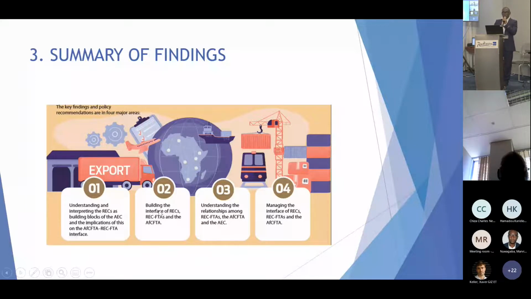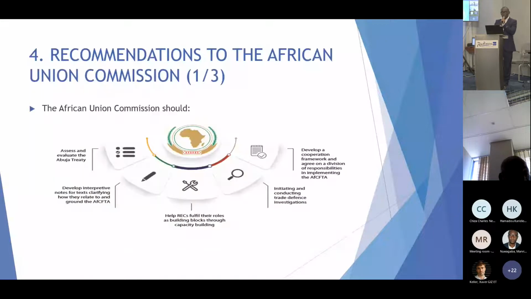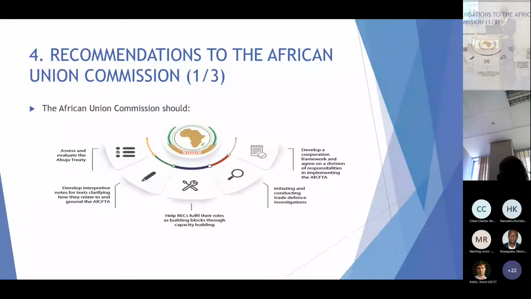So the African Union Commission is recommended to assess and evaluate the Abuja Treaty. I'm sure that most of you have heard of the Abuja Treaty. The African Union Commission is also recommended to develop interpretative notes for the text, clarifying how they relate to and grant to the CFTA agreement.